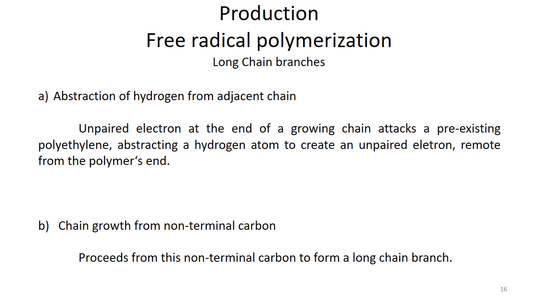This is how long chain branches are produced, because the first growing end has been converted into a terminal, or a long branch. And chain growth can also proceed from this non-terminal carbon to form a long chain branch too.